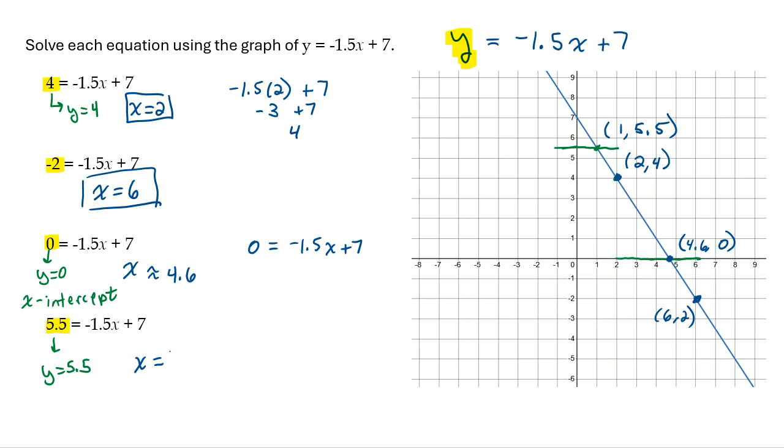And I'm pretty confident that's exact. I'm going to go ahead and check that and make sure. Negative 1.5 times 1 is negative 1.5, plus 7 will give me a positive 5.5. So that is exact. I hope this video helped you see the relationship between a linear equation and the graph of a line.